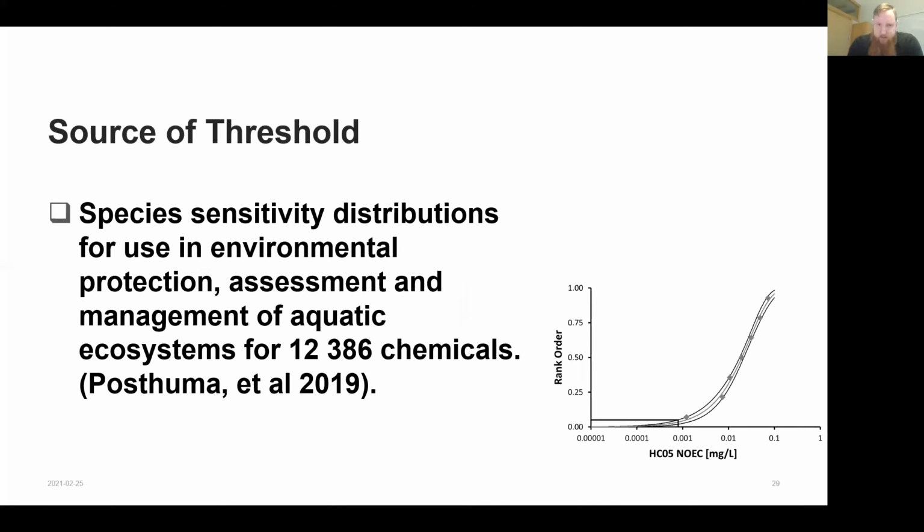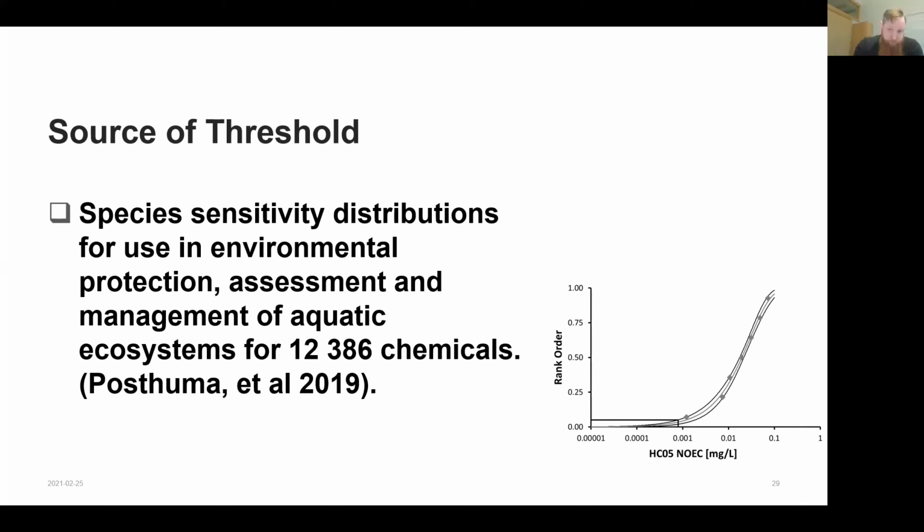And that is when we take all of the thresholds that we're using in the modeling step from the publication by Leo Posthuma et al., which was published in 2019. It's called species sensitivity distributions for use in environmental protection, assessment, and management of aquatic ecosystems for 12,386 chemicals. And the paper does exactly what the title says.